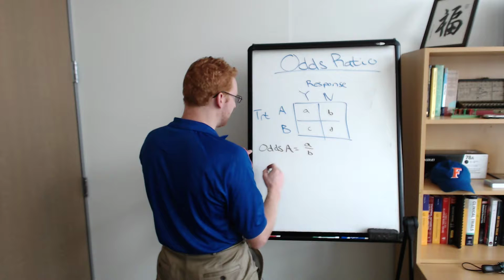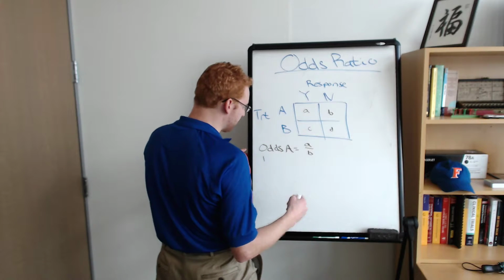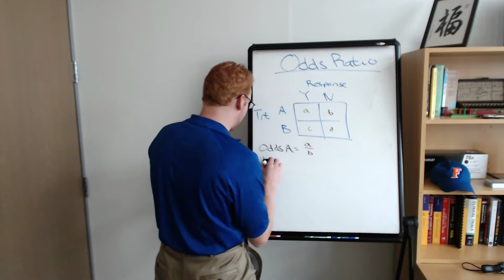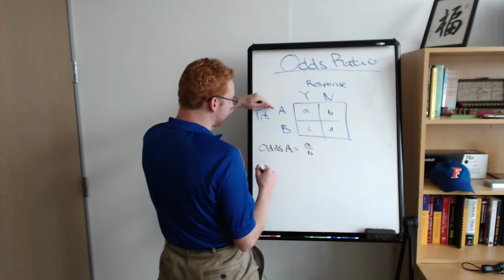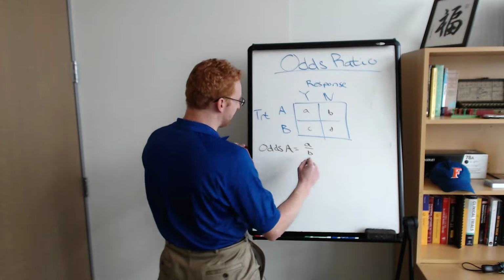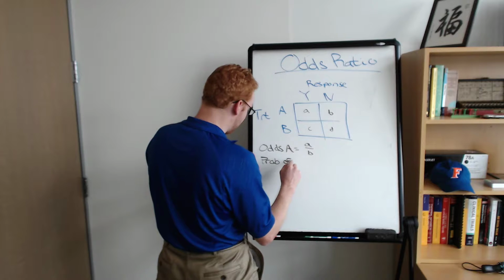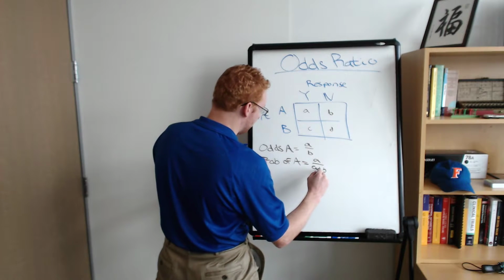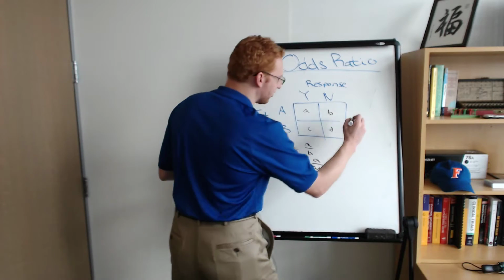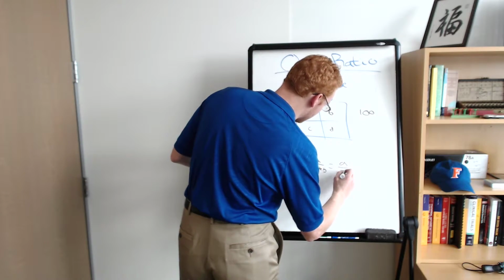The probability of A, given your, odds are related to probability in that, given that you're assigned treatment A, the probability of having a correct response is A over A plus B, which would be the total number of people in the row, which would be A over 100.